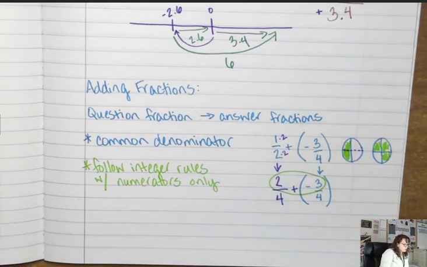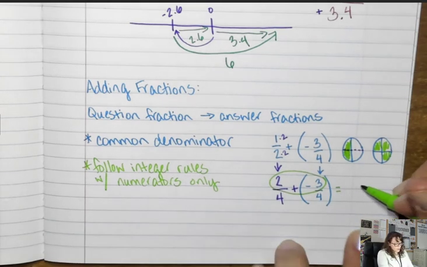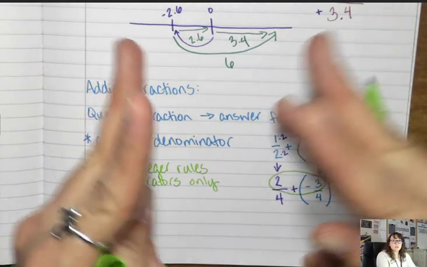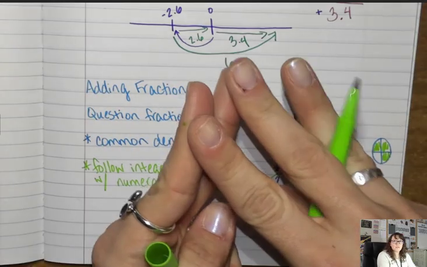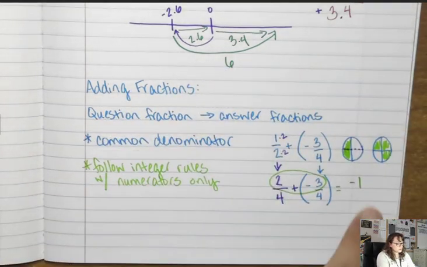What is 2 plus -3? -1. Because if you have 2 on the plus team and 3 on the negative team, and they run directly at each other, these 2 cancel out and you have 1 left on this team. So -1.